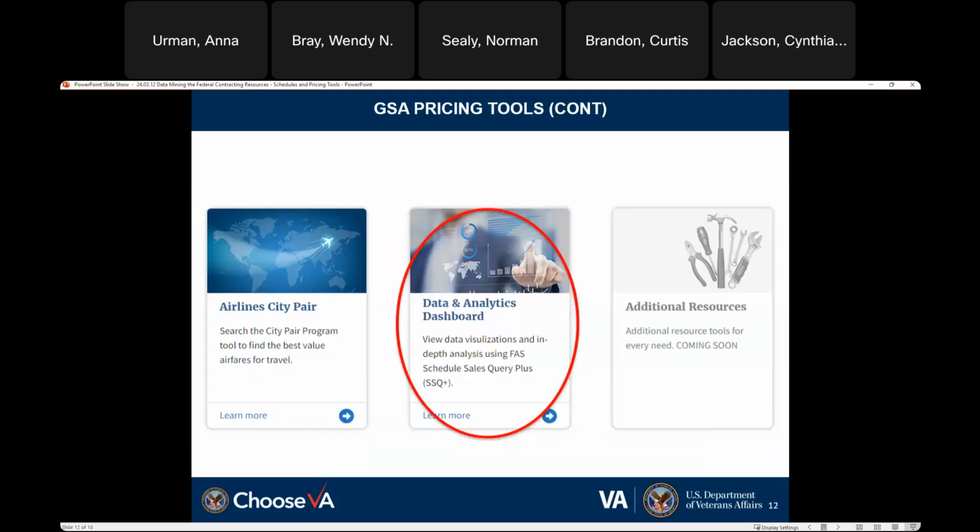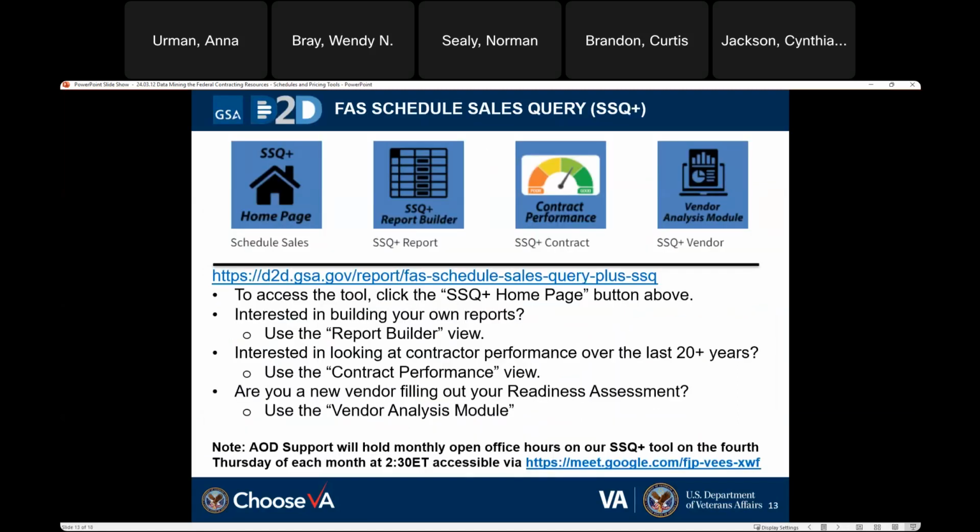And the last tool that we'll look at, that we'll demo today, is the schedule sales query, which is the data and analytics dashboard, as it's called. And that is a custom report builder based on the GSA schedules and the GSA spending through those schedules.